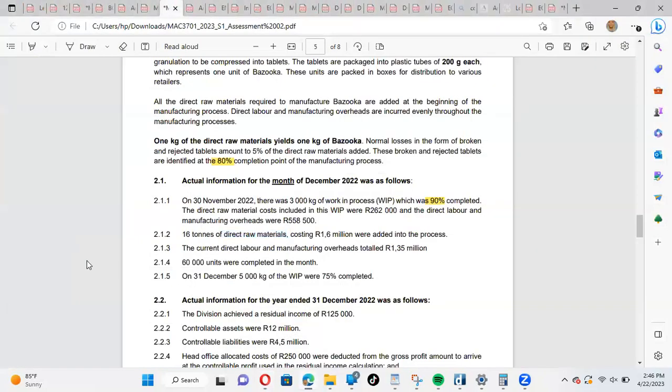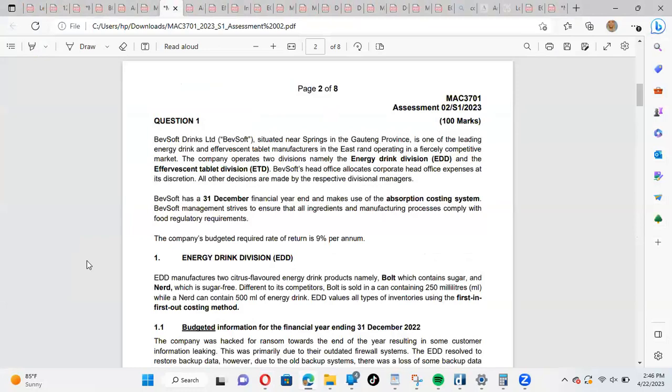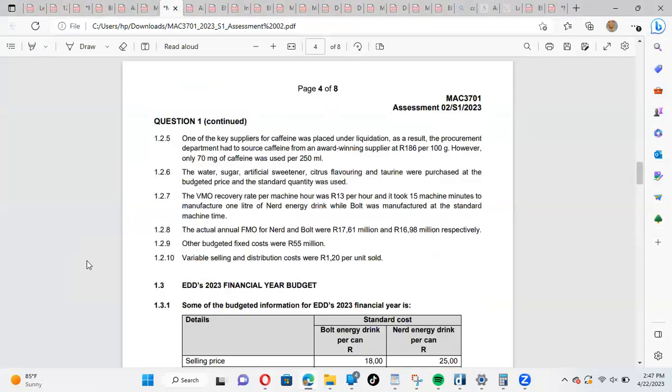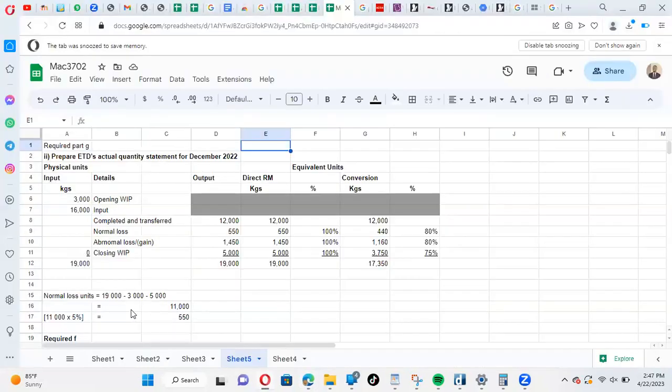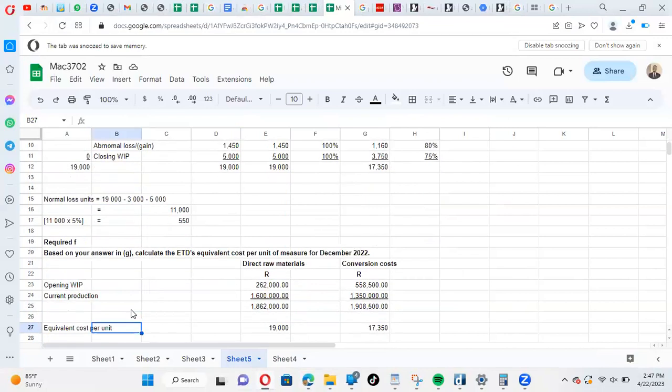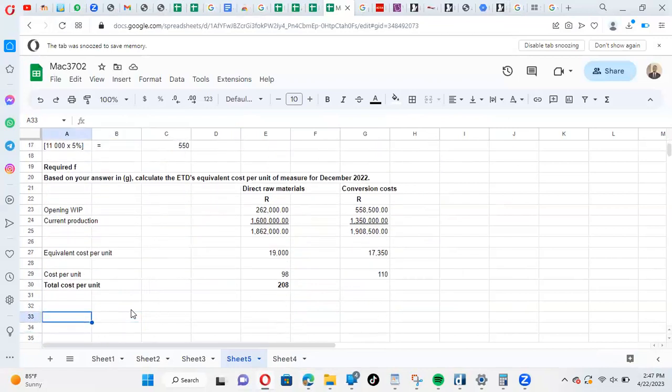All right, let's jump to question number 1. Let's do required part A. You can as well rearrange this later, just cut and repaste it.